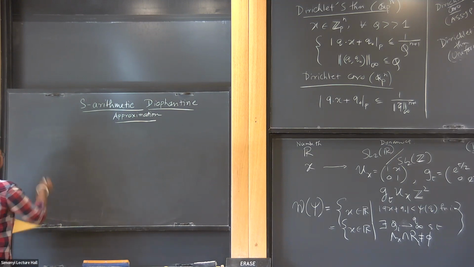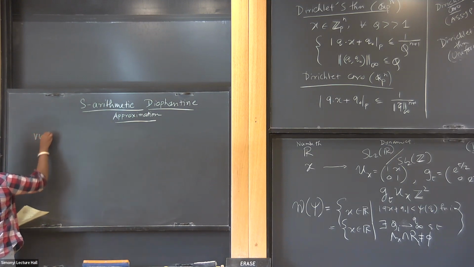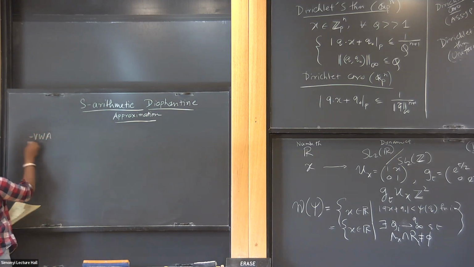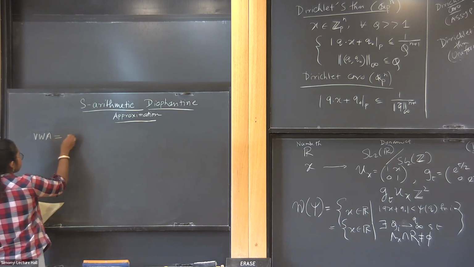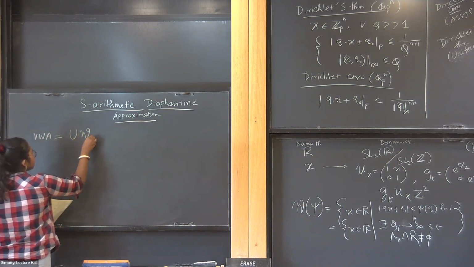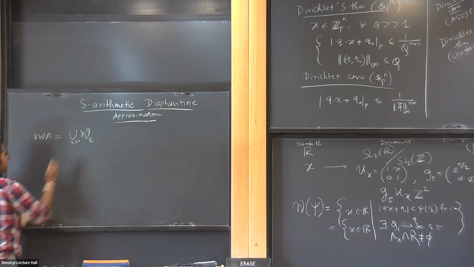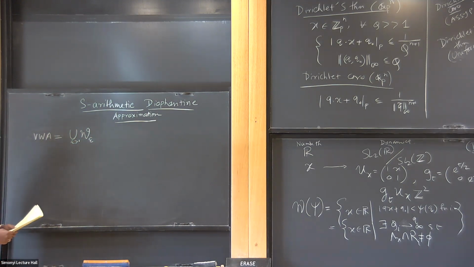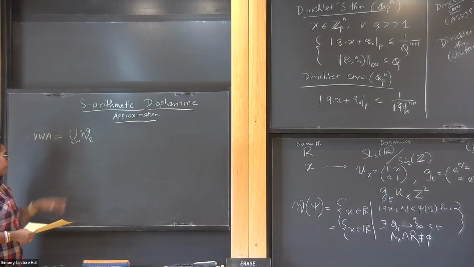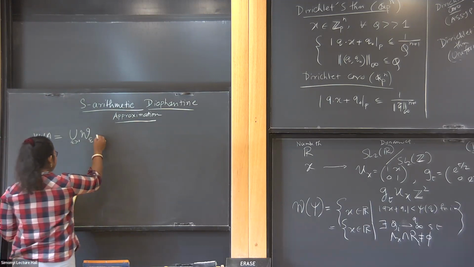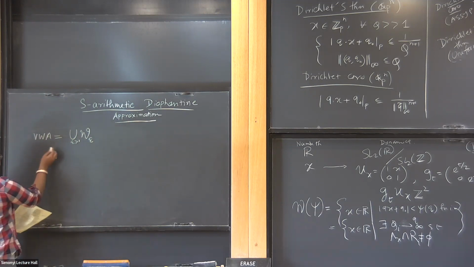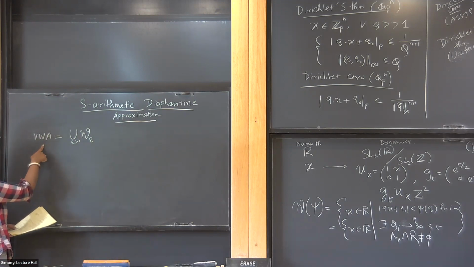As I said, we are interested in these variable approximable sets, which are all those such that you can improve the Dirichlet exponent by epsilon. So the first question is, what is the size of this set?